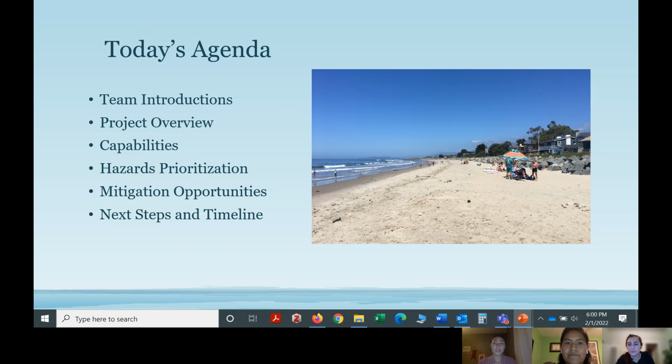I'll show you the hazard prioritization, the hazards that we've ranked for the city based on what hazards impact the city the most. And then we'll give a brief example of mitigation opportunities so that we can get ideas from you, the public, for mitigations that would help mitigate hazards in the city.